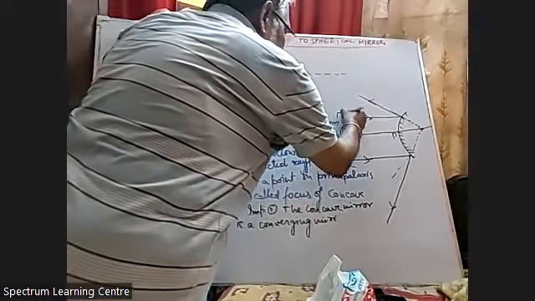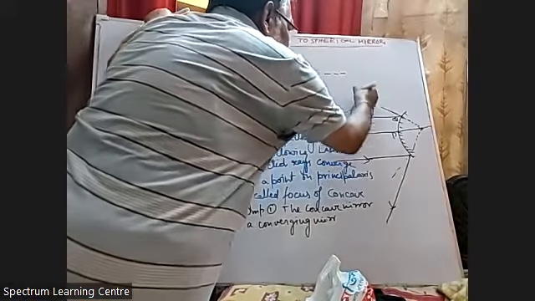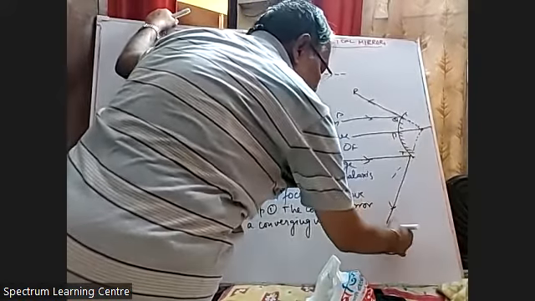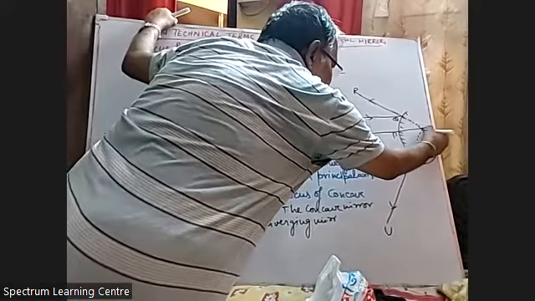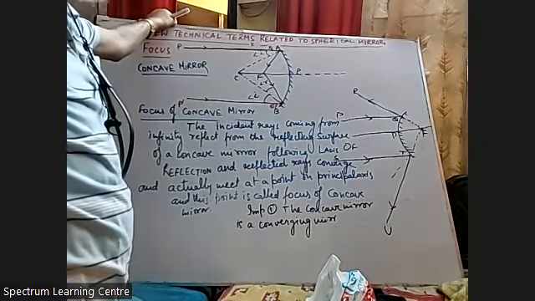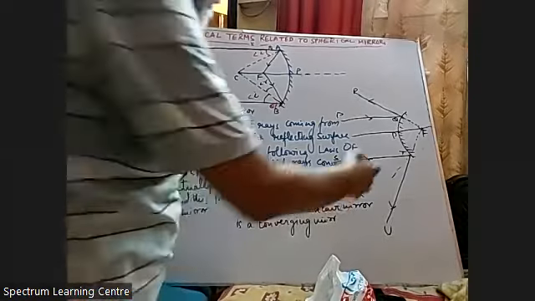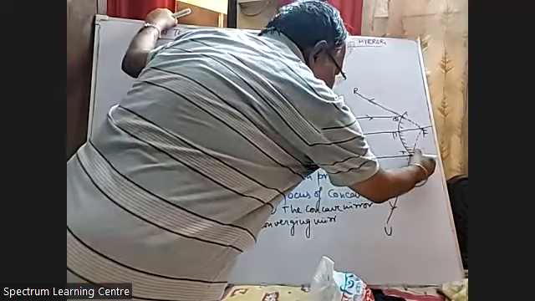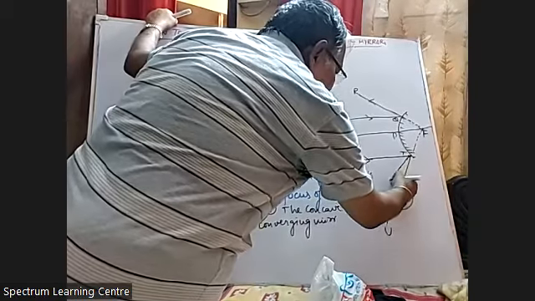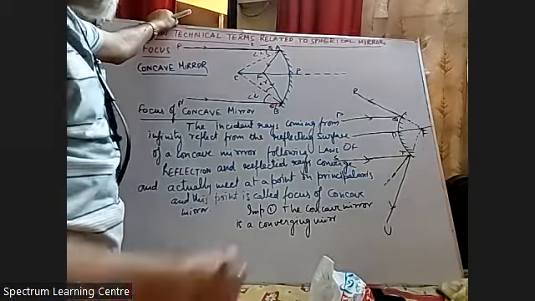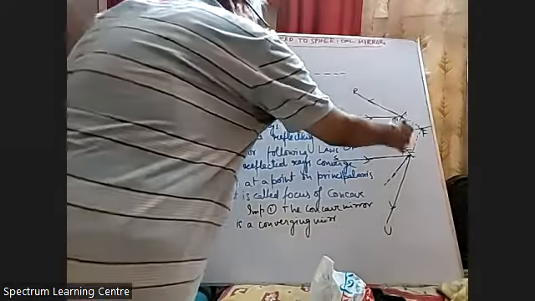Suppose this is PQ and this is R, and this is ST and U, and this is F. In the case of a convex mirror, they are appearing to get diverged from this point. So the concave mirror becomes a converging mirror and the convex mirror becomes a diverging mirror.